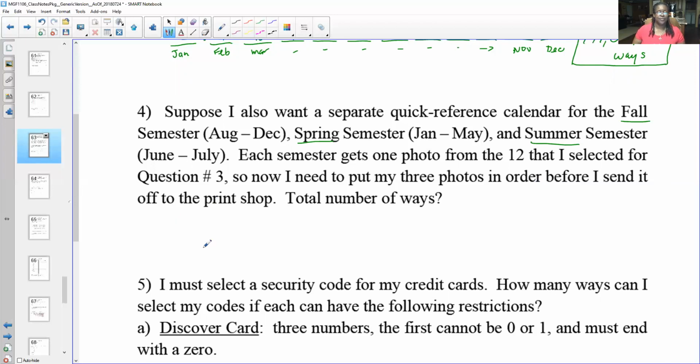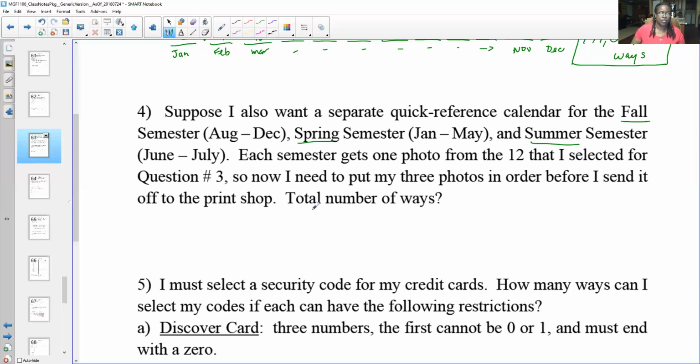Each semester gets 1 photo from the 12 that I selected from question number 3. Each semester is going to get 1 of those pictures to represent those semesters. So now I need to put my 3 photos in order before I send it to the print shop. Total number of ways is what we're looking at.